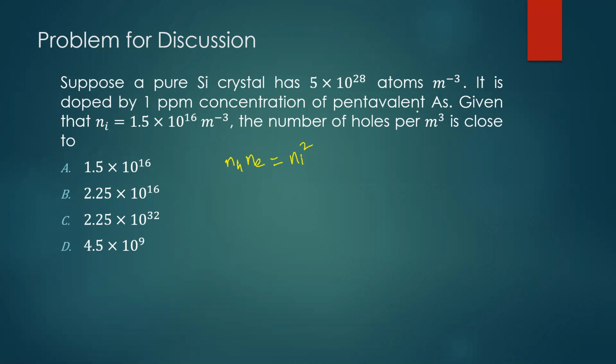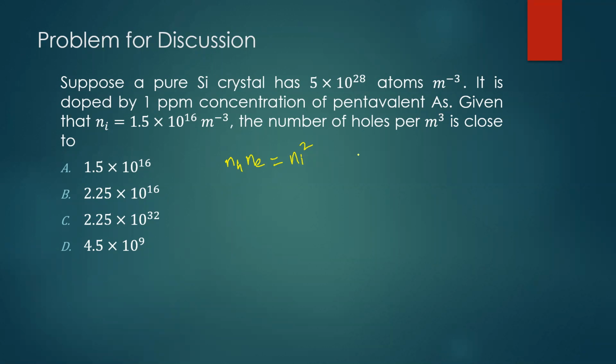Since we are doping with a pentavalent element, the majority charge carriers are electrons. So this Ni is given.